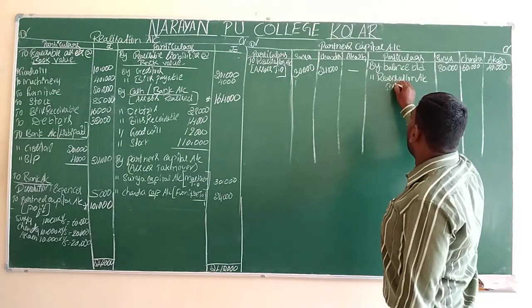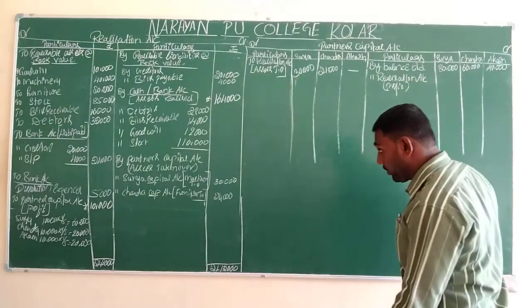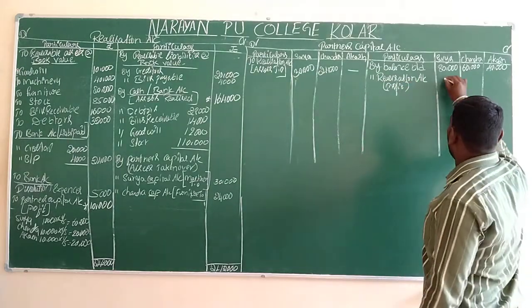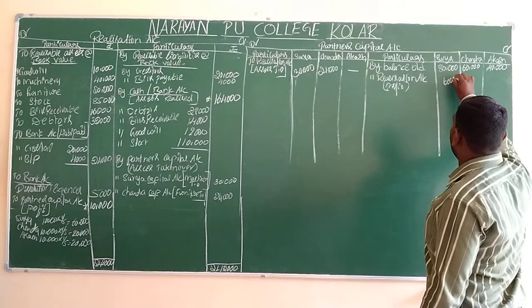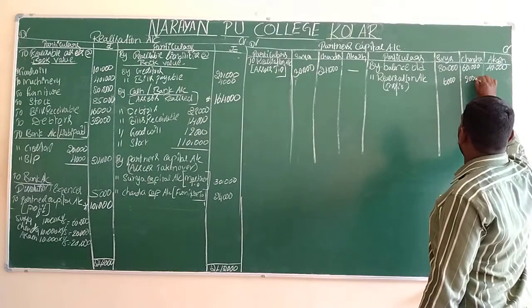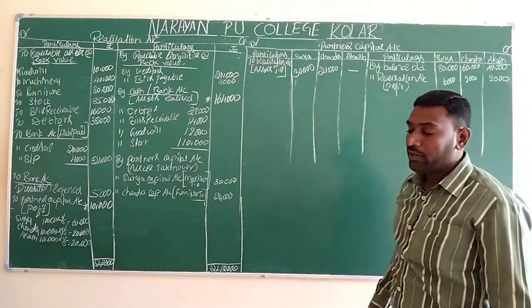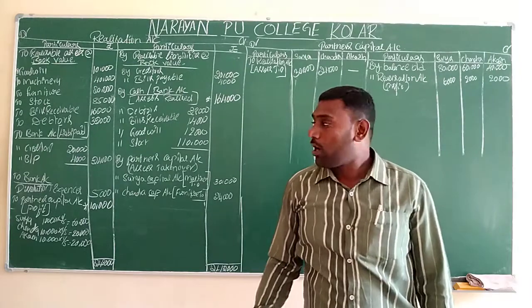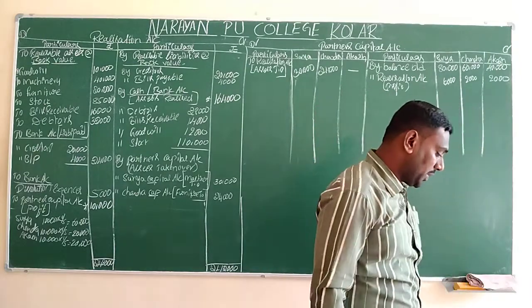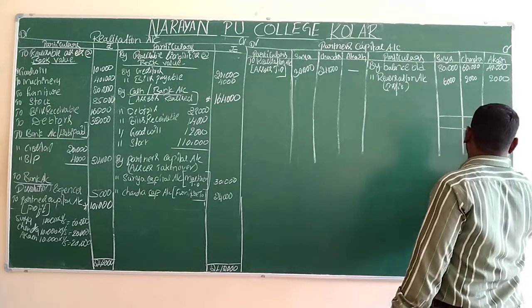In bracket mention profit. We have to distribute the profit here. The first partner will get 6,000, the second partner 2,000, and the third partner 2,000. Finally, we have to close the accounts. Apart from that, no other information is there, so we just have to close the account.